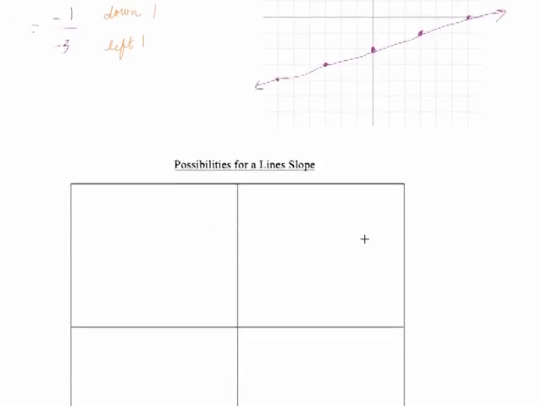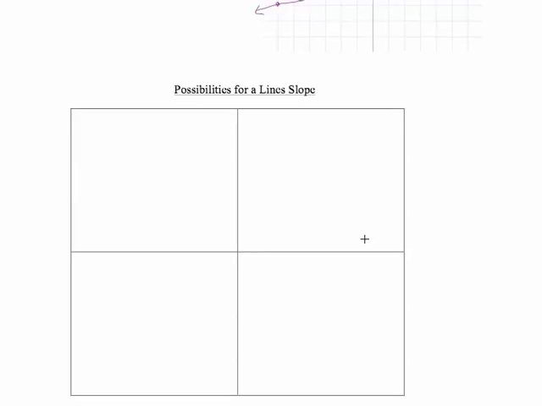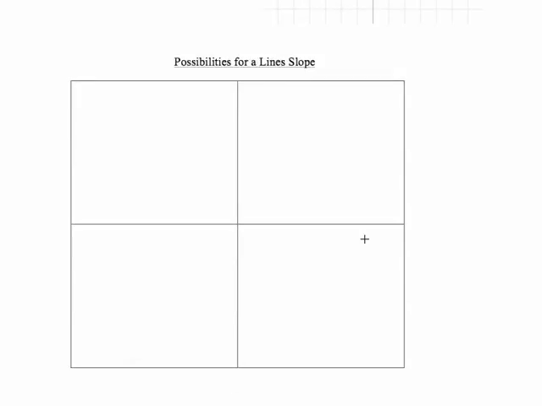Sorry. Okay, so there's really 4 simple possibilities for slope of a line, not counting the special cases of a horizontal or vertical line. Okay, your line could be positive and steep.